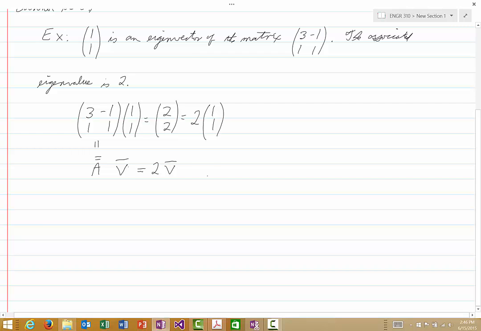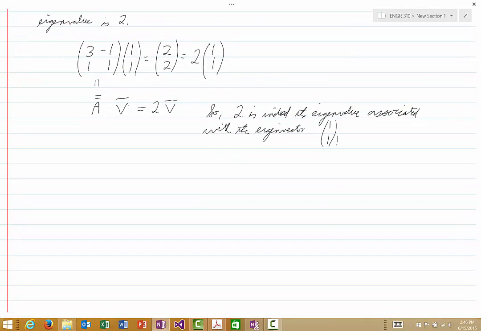And this is how we see that 2 is indeed the eigenvalue associated with the eigenvector 1, 1.